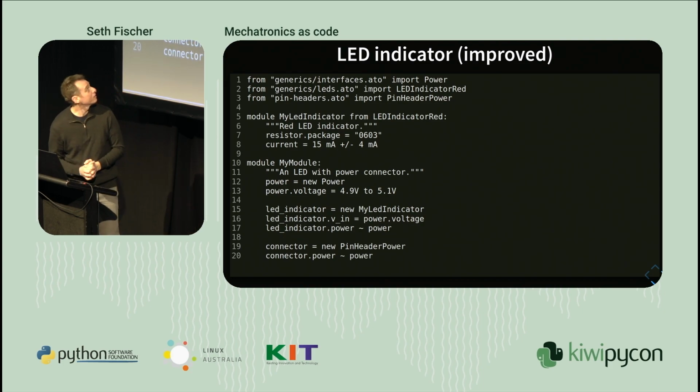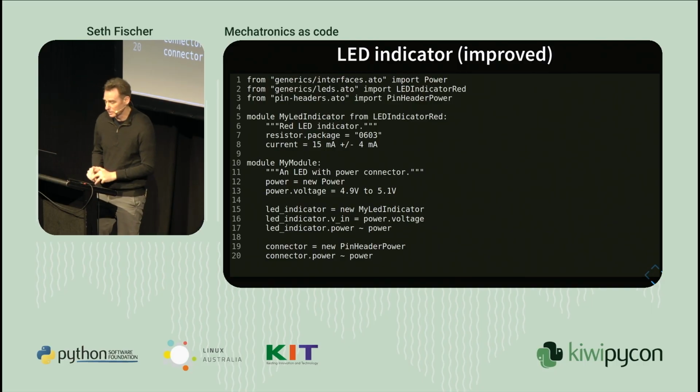This is a slightly improved LED indicator. We're using an LED from the Ato standard library. And what we're doing here, on line 8, is defining the current we want that LED to run at. And the current corresponds to the brightness of an LED. So on line 12, we have a power connector.